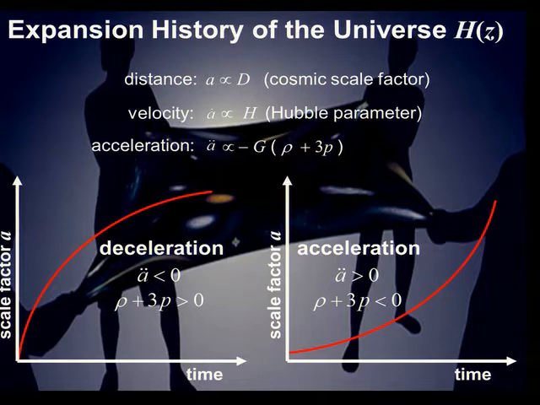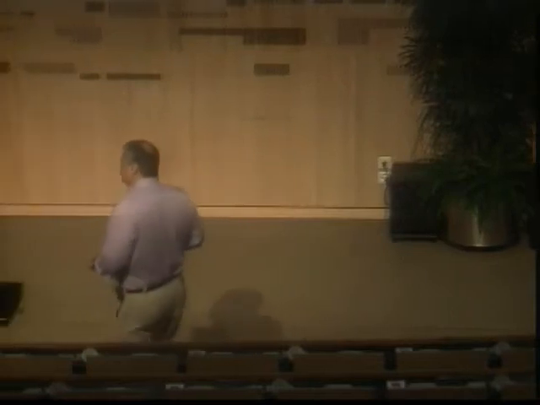The second derivative of the scale factor is proportional to the acceleration. And in Newtonian physics, you would expect the acceleration to be minus G times rho. Minus because gravity is attractive.